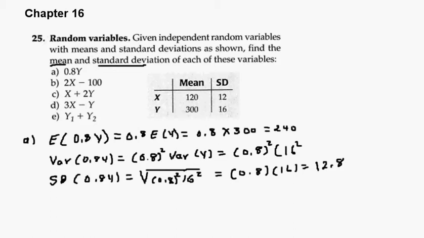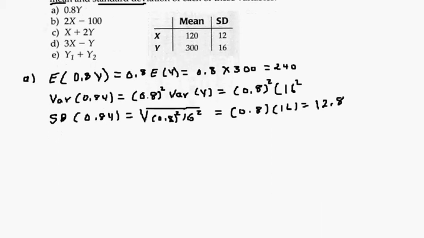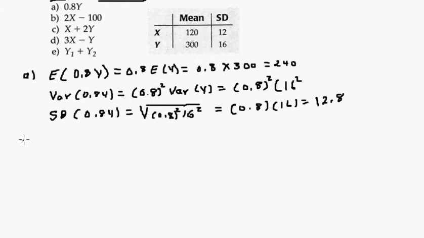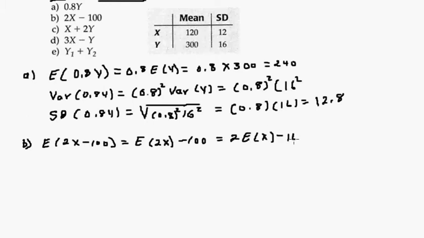Now we want 2 times x minus 100. Okay, so b, the expected value of 2x less 100, that's equal to the expected value of 2x minus 100, which is 2 times the expected value of x minus 100.